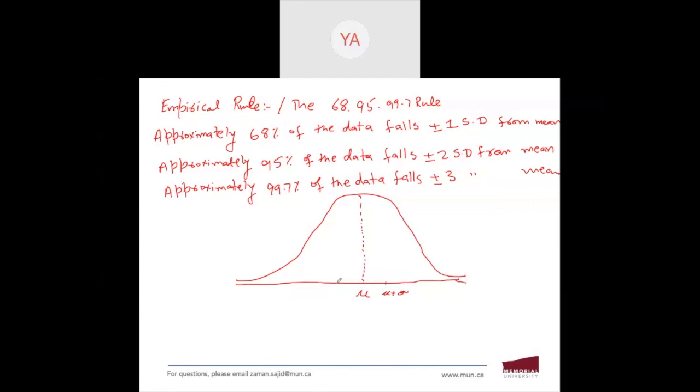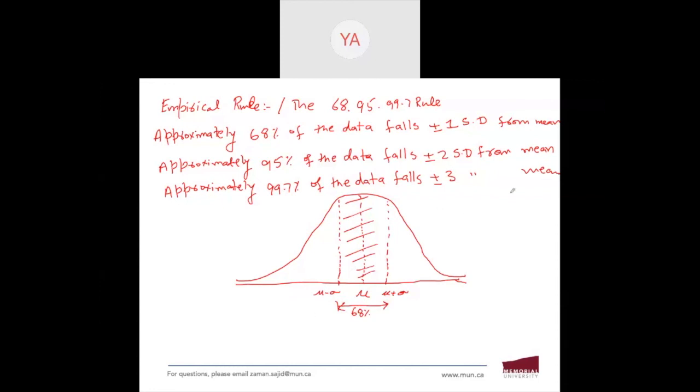Now the same I take on the left of the mean, which will be mu minus 1 sigma. Now the rule says that within this boundary, 68% of my data falls.